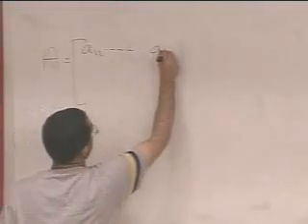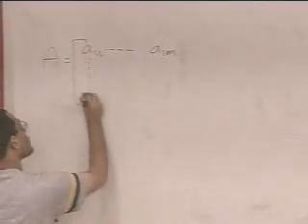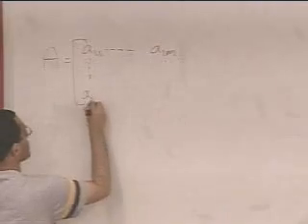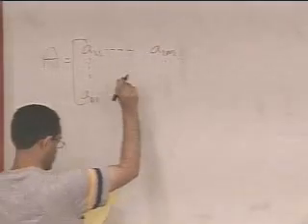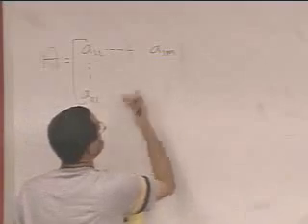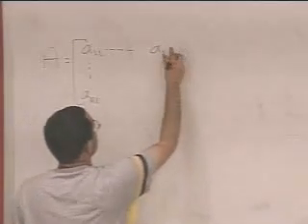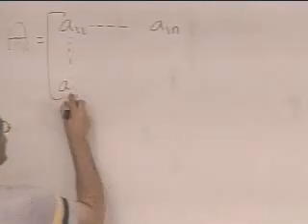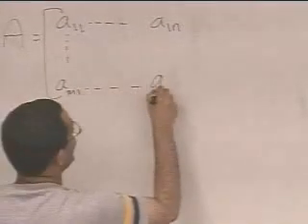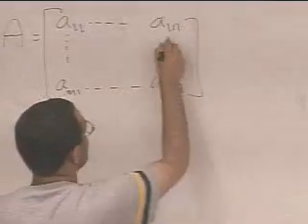A11 to A1n, down to Am1, and I want to have m rows. This is Amn.